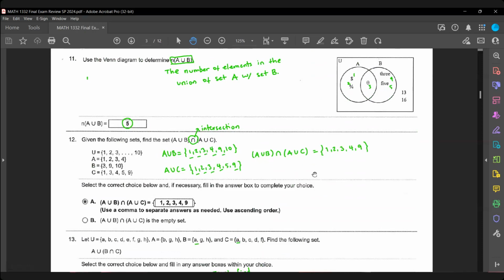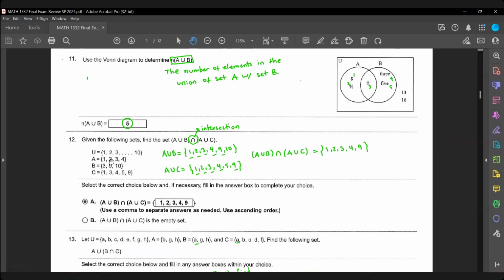For those of you that didn't understand the union, when I talk about the union, I put all the elements of A together with the elements of B. There is no need for repetition. That's why you don't see the number 3 listed twice. So again, the union, which I need to do here and here first before we find the intersection.